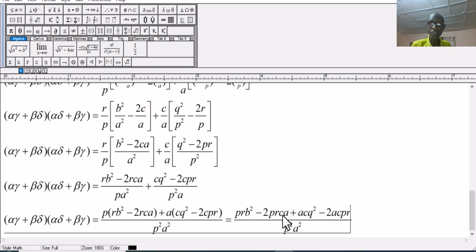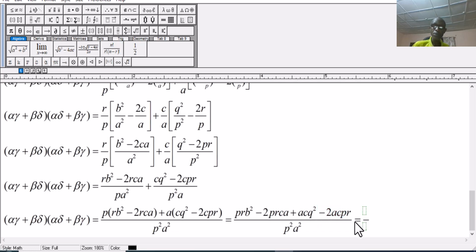So I'm looking at it, this one and this one, there's possibility of adding them together. They are the same. So let's see for this and this are not the same. So we have something like this: p squared a squared. So we have prb squared plus acq squared minus 4prca.